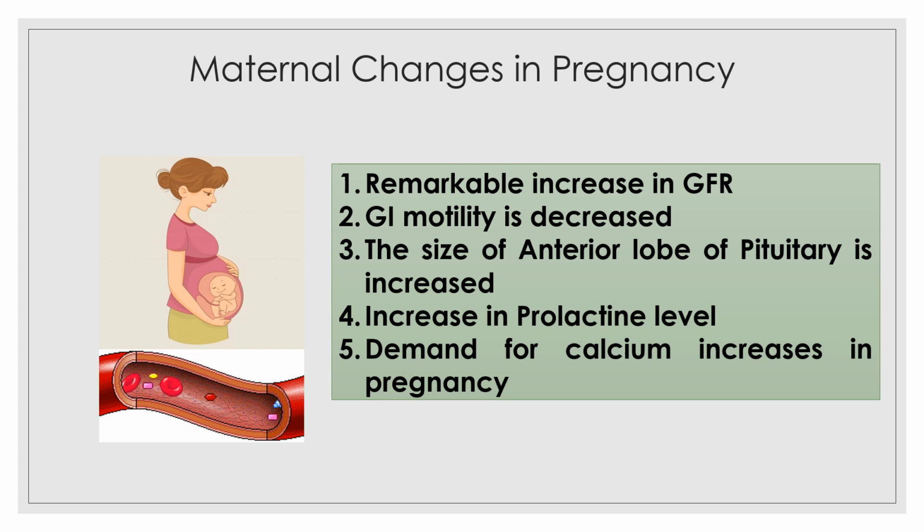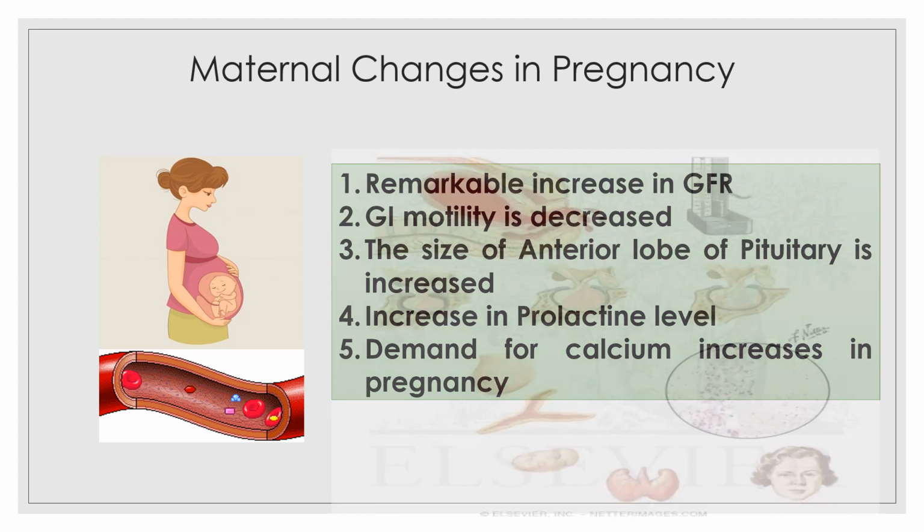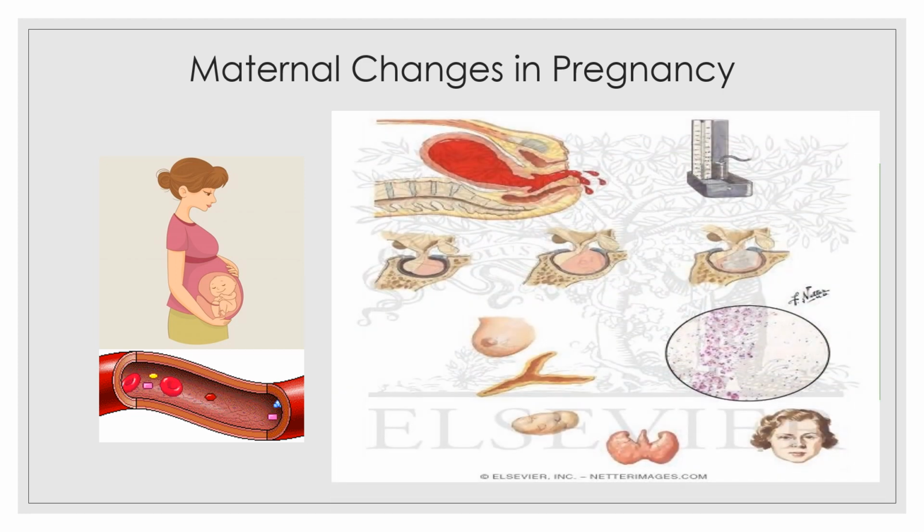There will be an increase in the prolactin level. Demand for calcium will also increase, so during pregnancy the mother should be given calcium supplements because there is increased demand for calcium. So this is Sheehan syndrome.